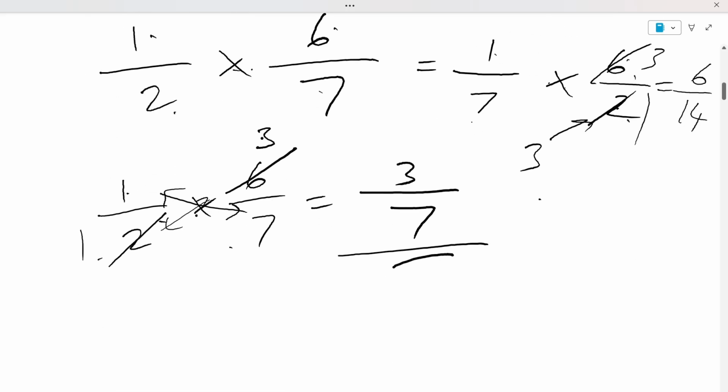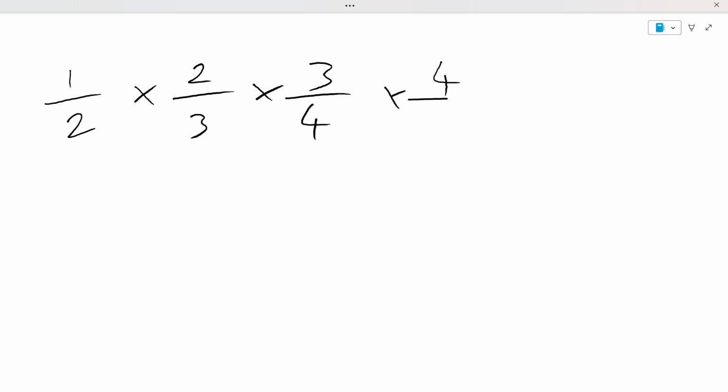And that would mean if you had a sum, let's say half times 2/3 times 3/4 times 4/5, remember, as long as you cancel any numerator with any other denominator, the sum is still valid.